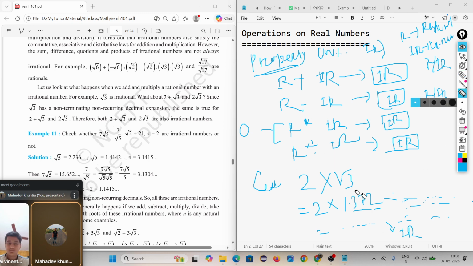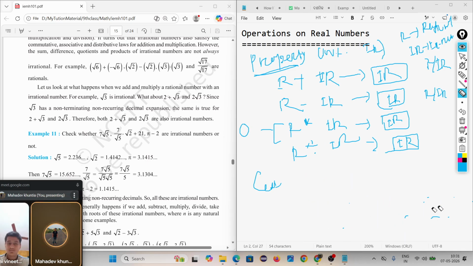Then division. Division is also the same case. The rational number should not be 0, otherwise 0 upon root 2 is 0, and 0 divided by any number is 0.